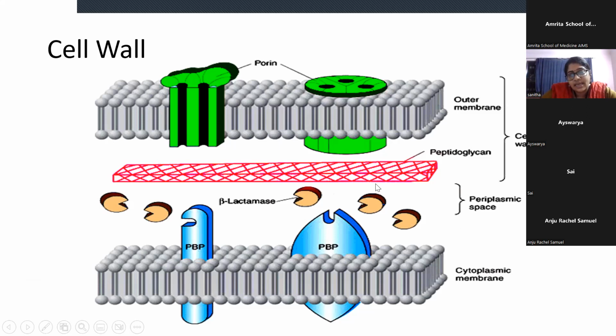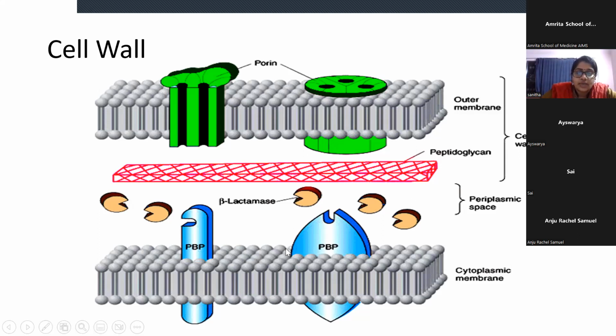There are multiple layers of protective walls around the gram-negative bacteria, and there are specialized enzymes which are responsible for cleaving and destroying any foreign substance dangerous to the bacteria, that is antibiotics. Here there are beta-lactamase enzymes present in the periplasmic space that will destroy beta-lactam antibiotics if they manage to enter the narrow porin channels present in the lipopolysaccharide layer.